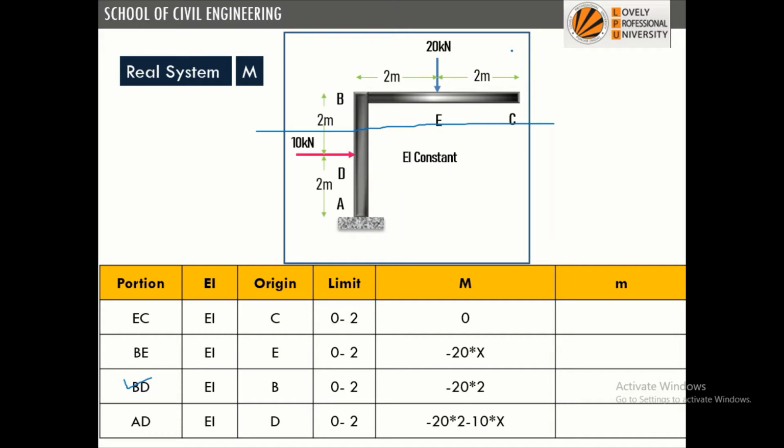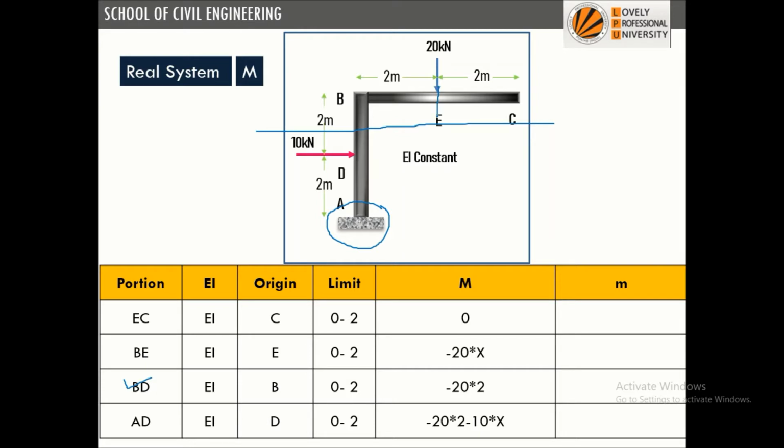But when we cut a horizontal section, we consider the forces above the section or below the section. Again, at A this is a fixed end, so there will be three reactions and one more force, so a total of 4 forces. We'll try to calculate the bending moment equation from the other side.